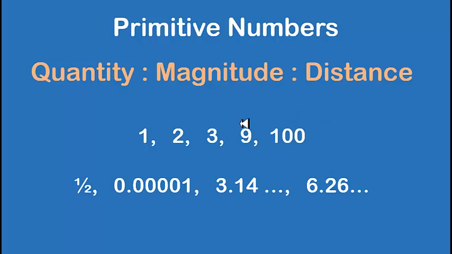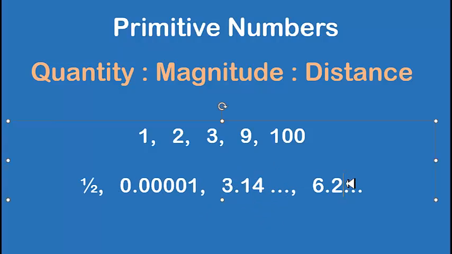So anything that just has a magnitude or a quantity can be referred to as a primitive number. So you can have integer primitive numbers, you can have fraction primitive numbers, you can have fractions written in decimal format, you can have irrational primitive numbers, okay, like pi and tau.